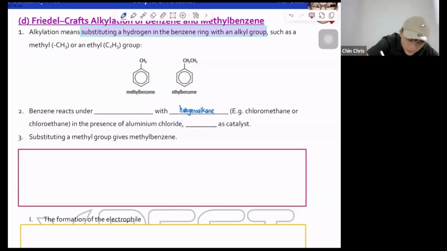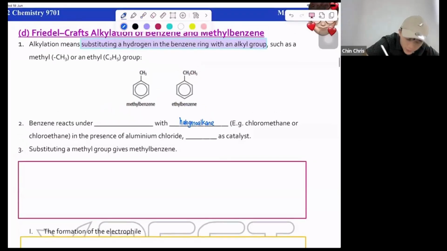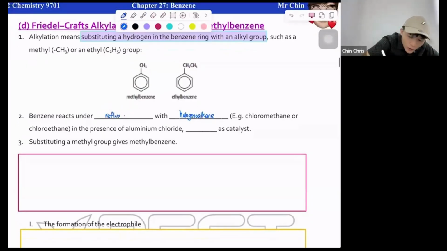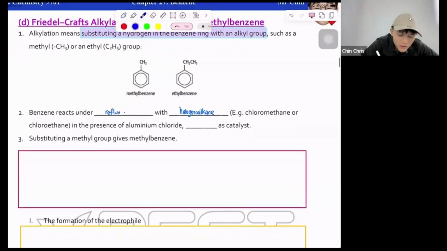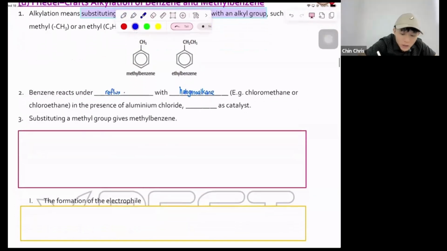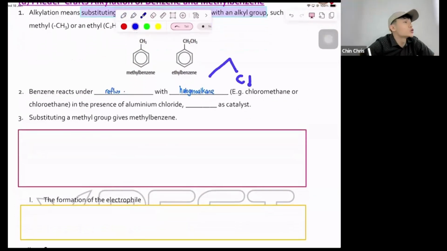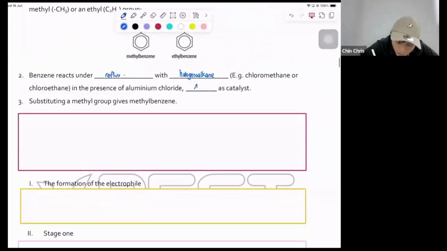This is ethyl. I want you to put it under reflux, not room temperature. So if you want to turn benzene into methyl or ethyl, you have to heat it under reflux with a halogenoalkane. Your halogenoalkane is any halogenoalkane like chloroalkane or bromoalkane. This is in the presence of AlCl3 as a catalyst. You need to have AlCl3 as a catalyst, remember that.